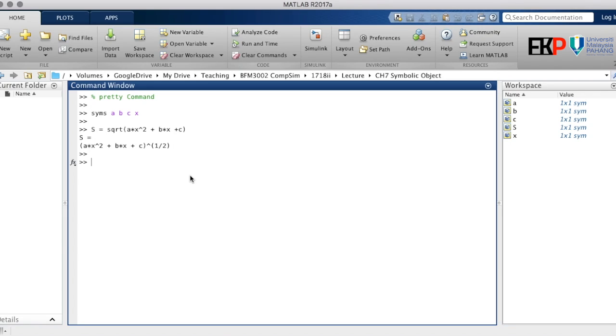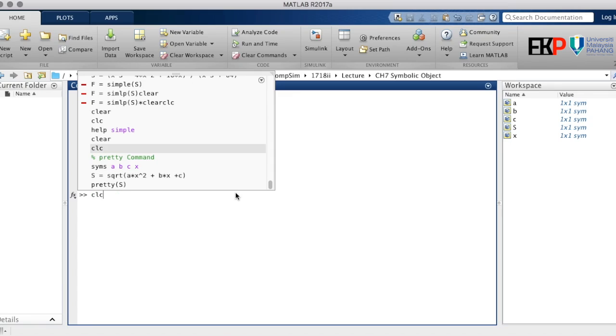Now if we do pretty S, MATLAB will display this expression in a math format that we can easily see. For example, here we have square root of ax squared plus bx plus c.